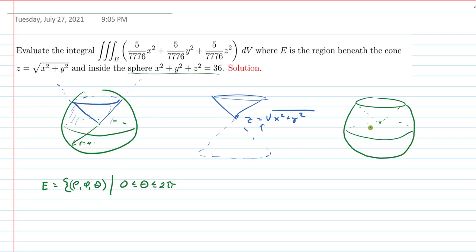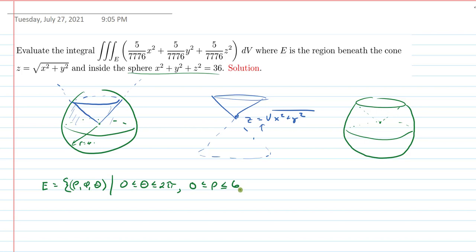And I think we should feel okay saying the rho can go anywhere up to the boundary of the sphere. So our rho has to be between 0 and 6. That's the radius of this sphere here. Even after we've hollowed it out by this cone, you still can't have a rho value going beyond 6.